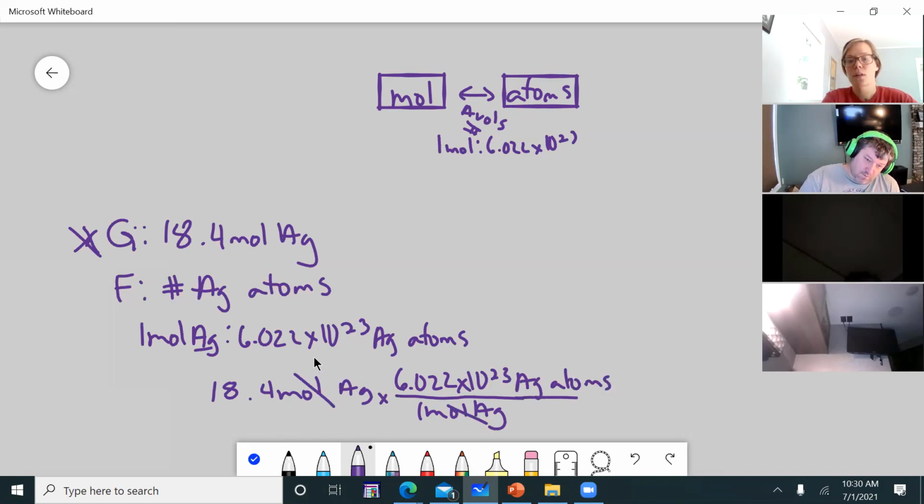The moles of silver will cancel, and you'll be left with units of just silver atoms. I'm just going to plug it into the calculator, and I get 1.11 times 10 to the 25th silver atoms.